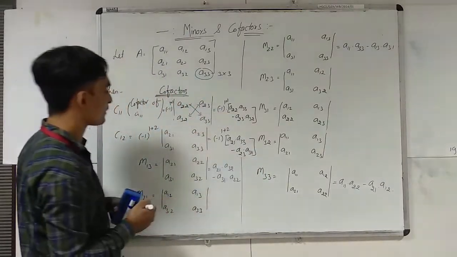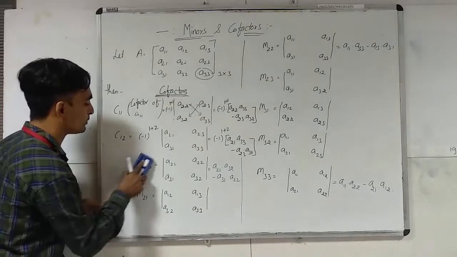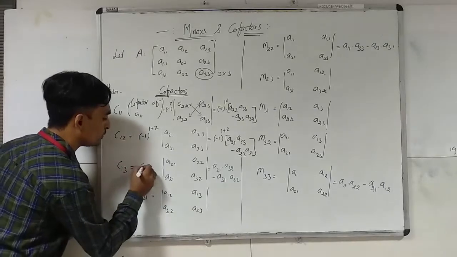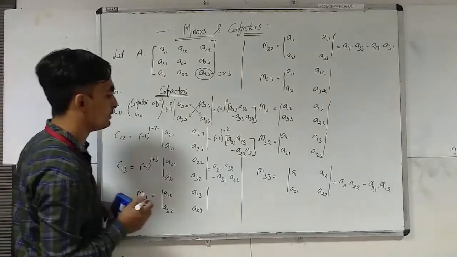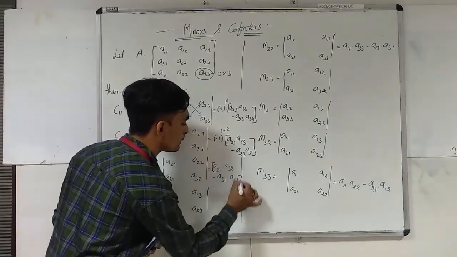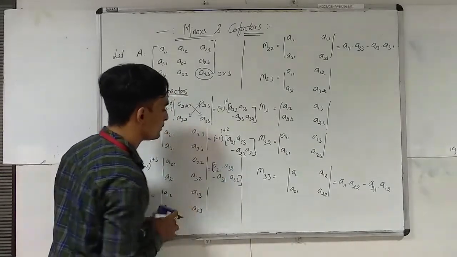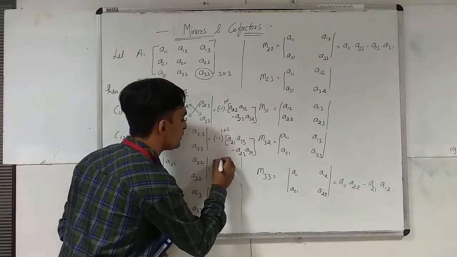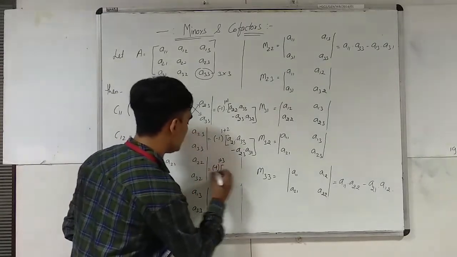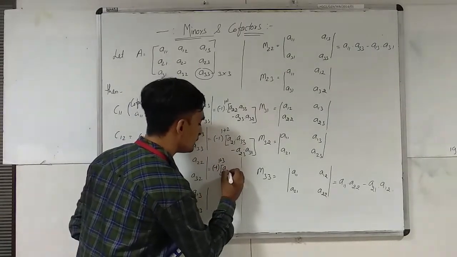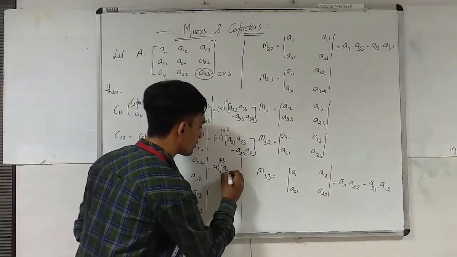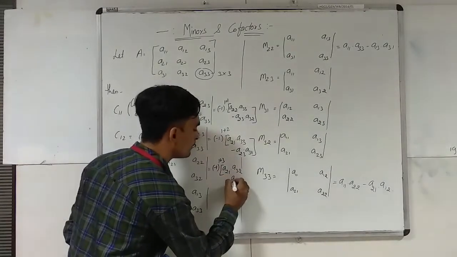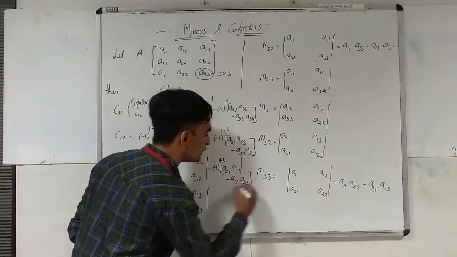Same process you will continue for all of these. So C13 equals minus 1 power 1 plus 3 in bracket A21 into A32 minus A31 into A22. This way you can find out.